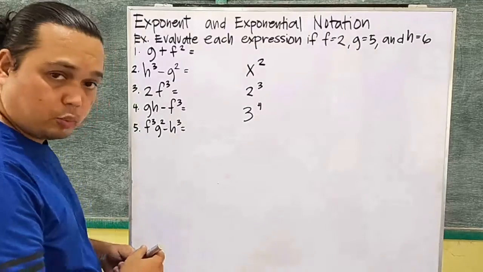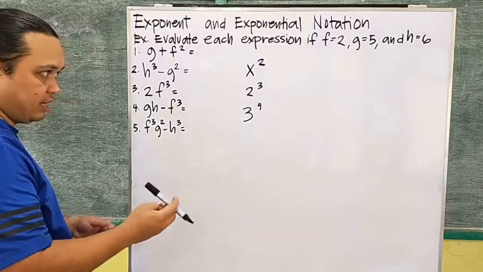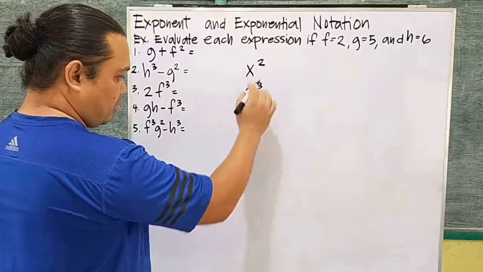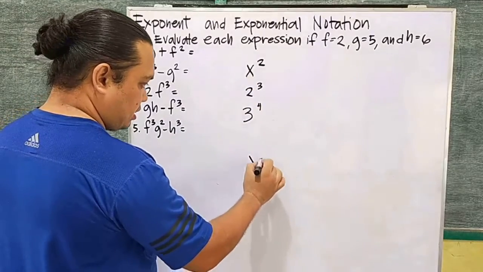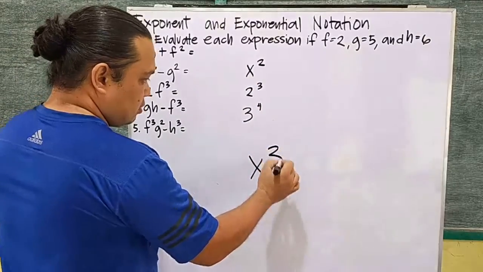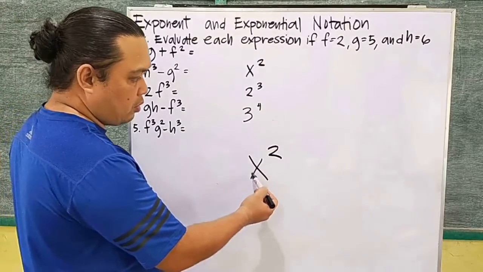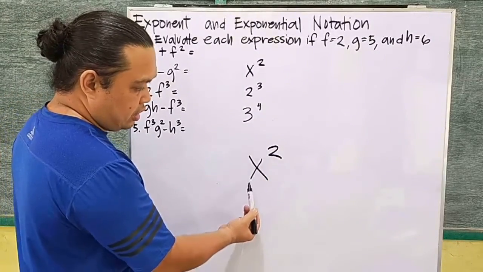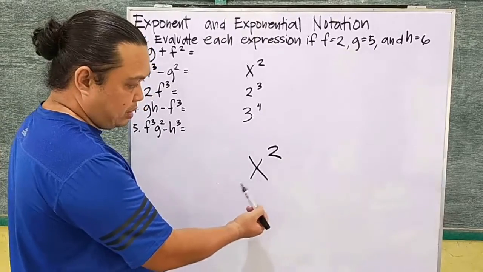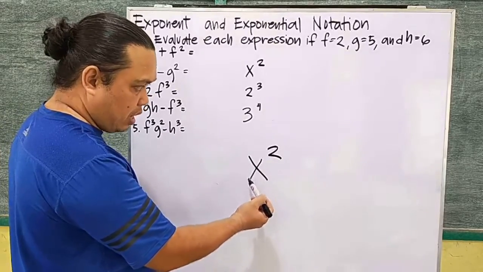Now I'm going to explain that by using an example. For example, we have x squared. X squared is also read as x raised to the power of 2. X here is the variable or a number, raised to the power of 2.